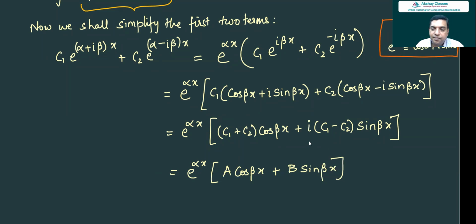It's a number. Complex, but it's a number. Right. So we can replace it with A and B. So now we understand that if the roots are imaginary, then the solution will be a sinusoidal waveform.